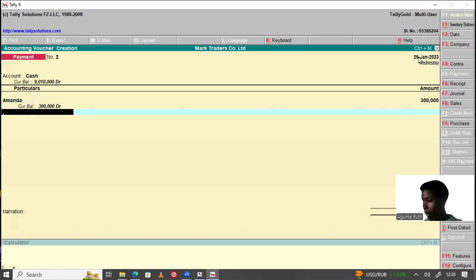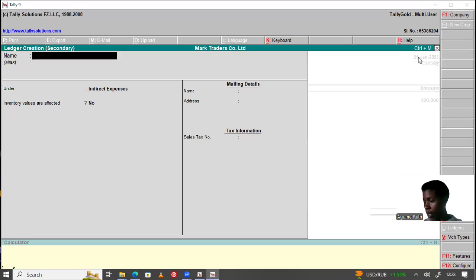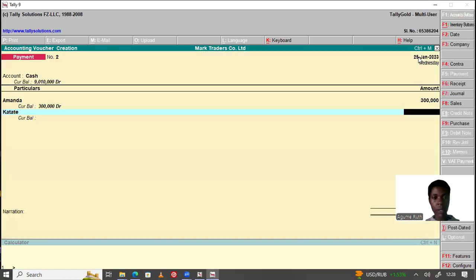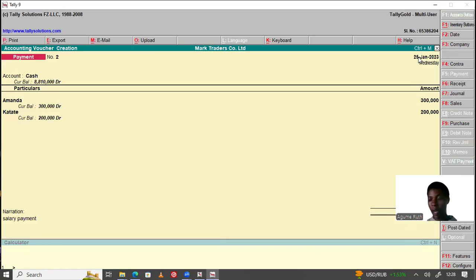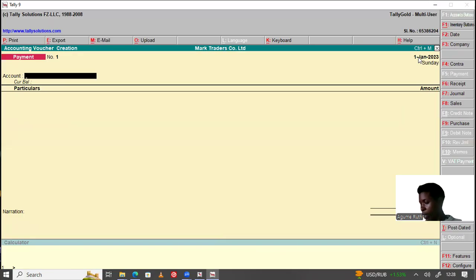Then I again create Katate under expenses, and that is 200. This is salary payment. I accept. Then there is another transaction with withdrew 500, and this was withdrawn from the bank for private use.